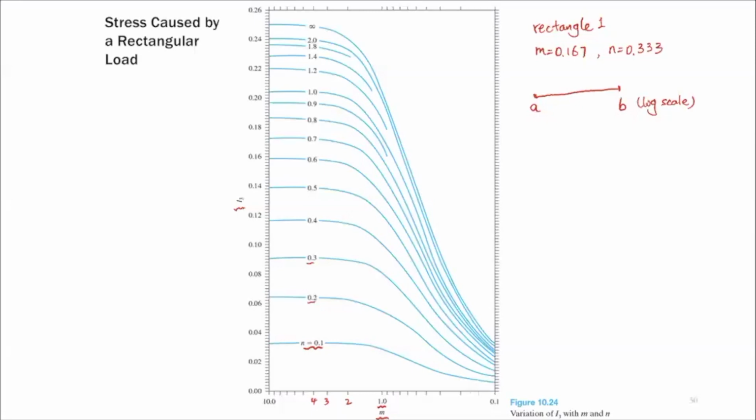On a log scale, for these two values, the geometric mean, basically the center of these two points on the log scale, is the square root of AB. That's one way to help you pinpoint the value on a log scale.